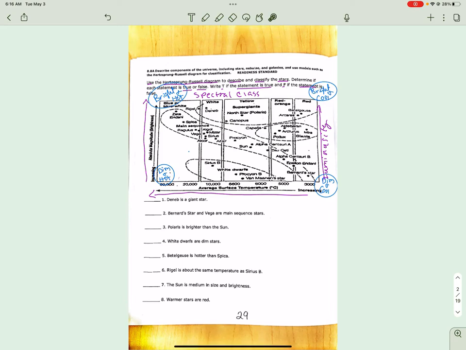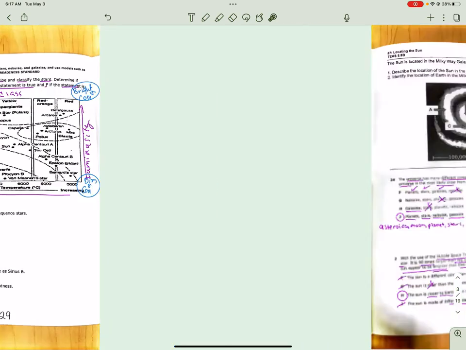Then if we look at the bottom right, we have the dim and cool, because they're at the bottom and on the right-hand side. And when we look at the upper right-hand side, they're very bright, because the higher we go up to the top, the brighter the stars are. And as we move to the right, the cooler they get because their temperature is lower.